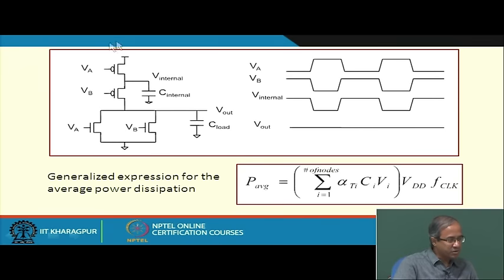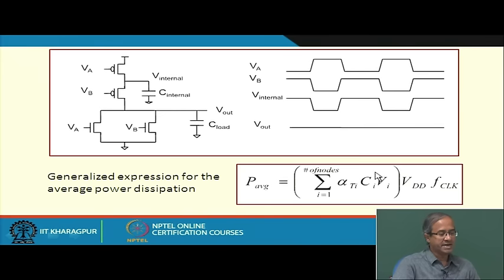And the other thing I want to show with respect to this diagram is, you recall the average power dissipation expression. We showed an expression earlier which looked like alpha C VDD square into f, the frequency of the clock, but now we are refining this equation a little bit.